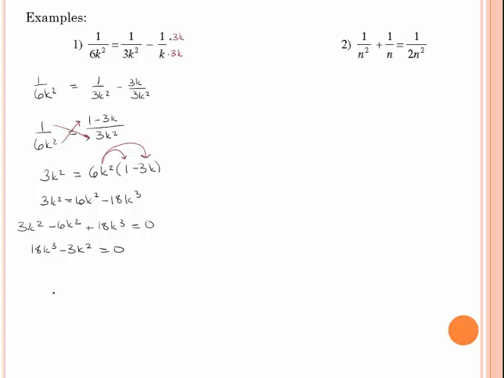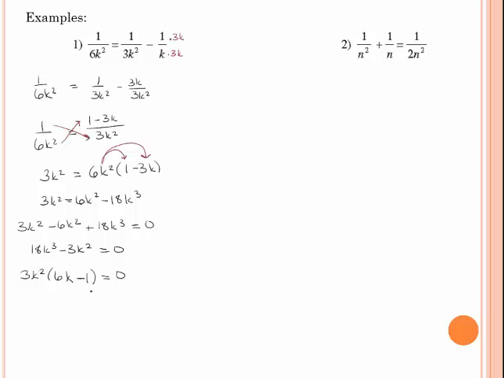And now when I solve this, I can factor a 3 and a k squared from each of these terms. 18 divided by 3 is 6. I had 3 k's. I took 2 away, so I have 1 k left. And then 3 divided by 3 is 1. I had 2 k's and I took 2 away, so I have none left.